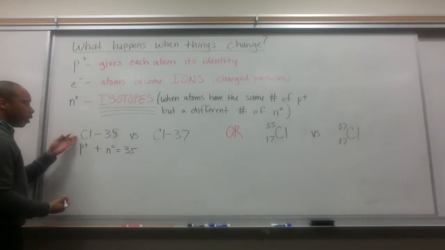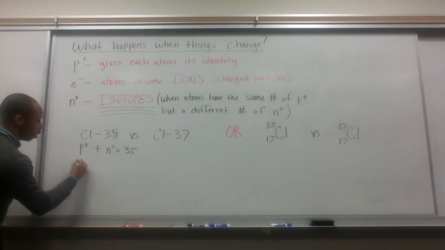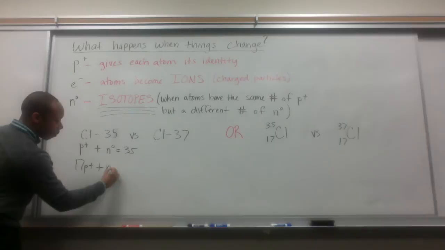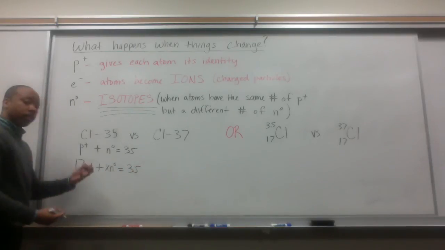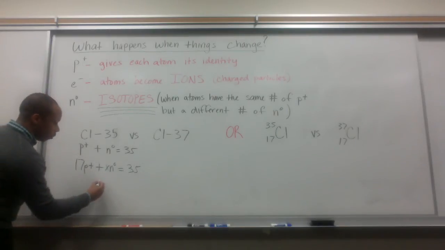Chlorine always has the same number of protons because it's chlorine. That's 17 protons. So I have 17 protons plus some X number of neutrons, and it should equal 35. From this relationship, we can calculate that this atom has 18 neutrons.